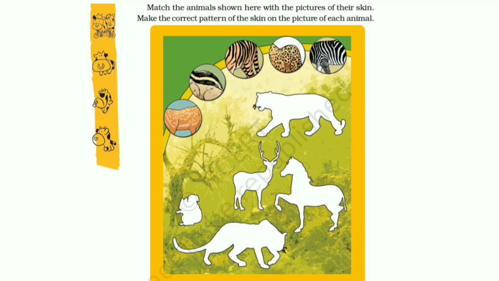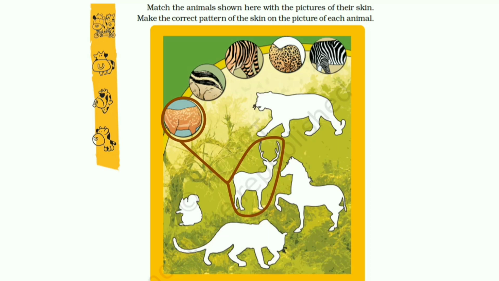You are instructed to fill the pattern in these blank pictures. So our first picture of pattern is reindeer. Here I match it. Then the second we have done correctly.